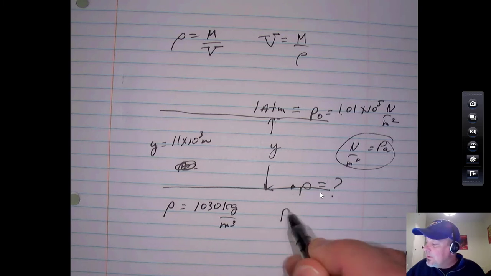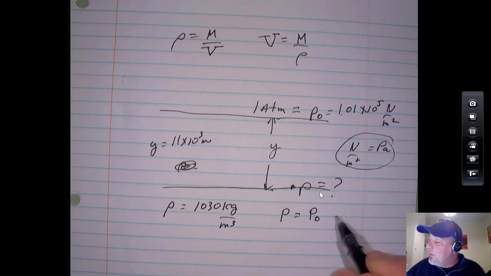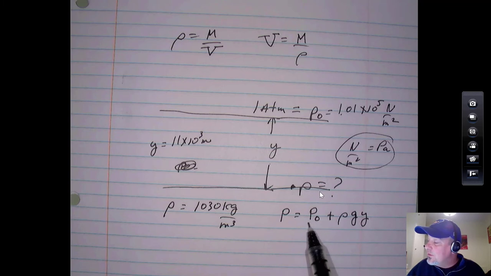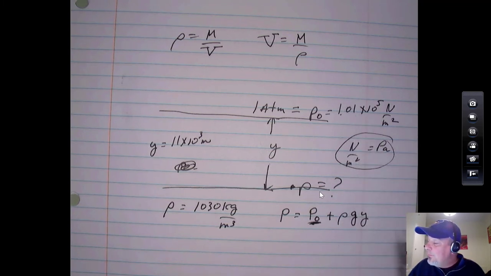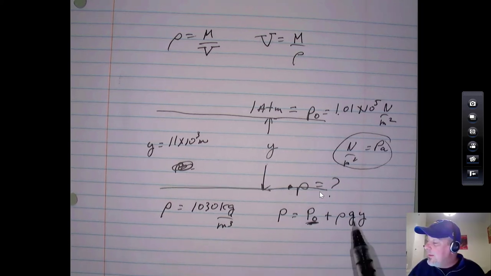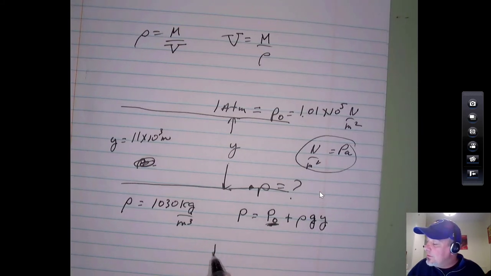The pressure at depth is the pressure at the top plus rho times g times y. We're assuming the top is atmospheric pressure, 1.01 times 10 to the 5th pascals. Then we have rho, which we know because it's seawater, times g times y. Let me do one more step here.